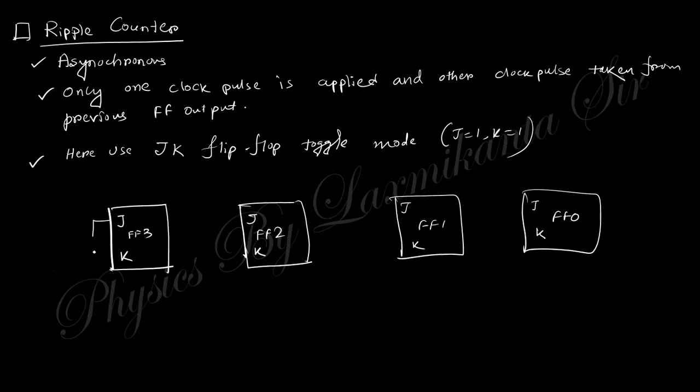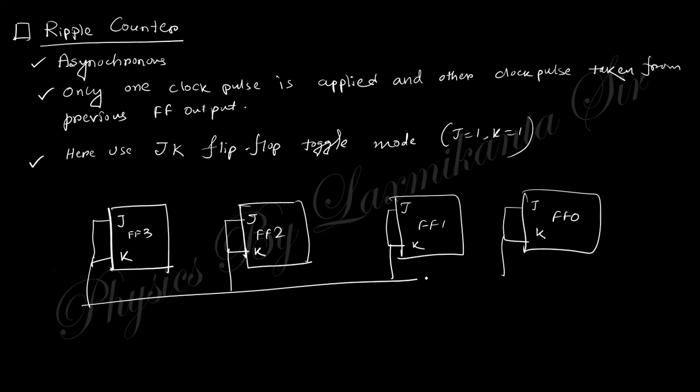All the JK inputs are 1, so we just connect them to a high voltage of 1. So this is the toggle condition.